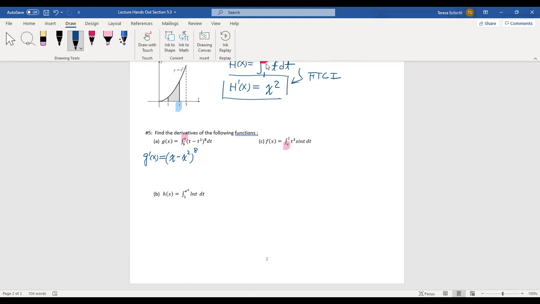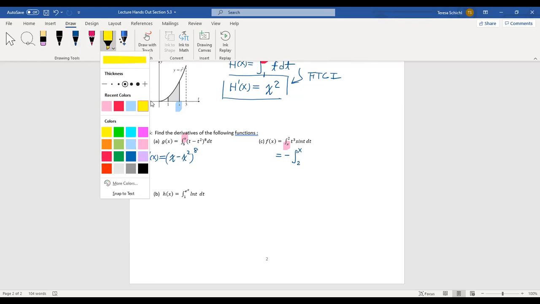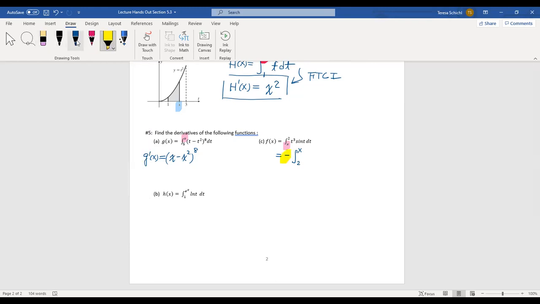Then we say, oh, from the previous one I know I can switch this boundary. So I can switch this to the 2x. Also remember when you switch, don't forget the negative sign.